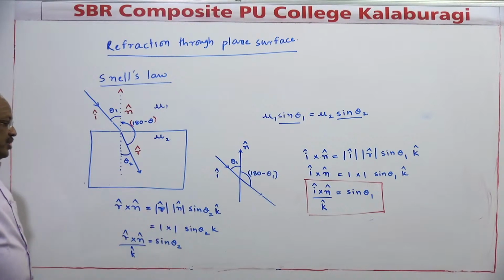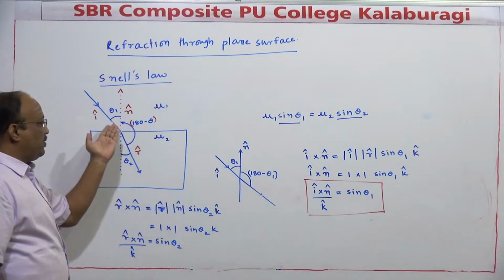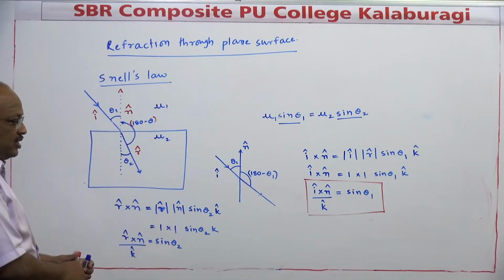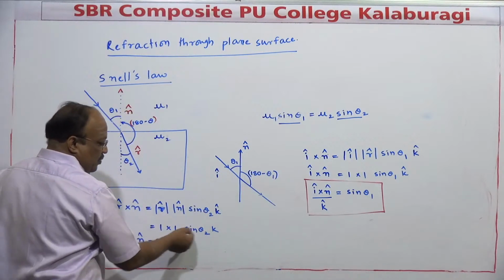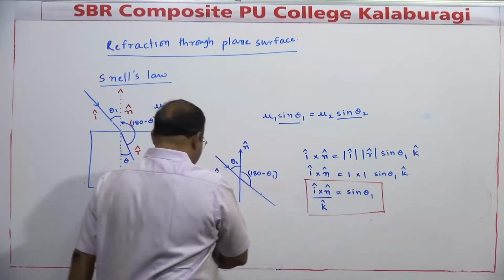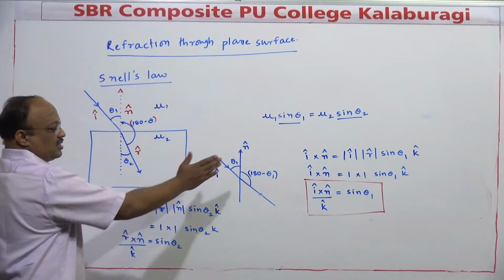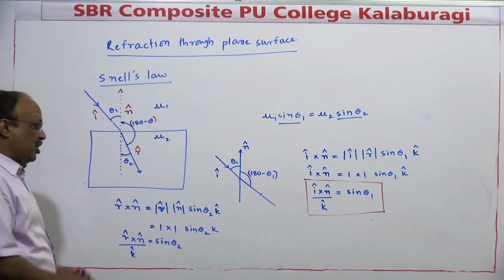So if you substitute here, 180 minus theta will be sine theta only. Because of that, I have kept it like this only. Sine of 180 minus theta 1 will be once again sine theta 1.